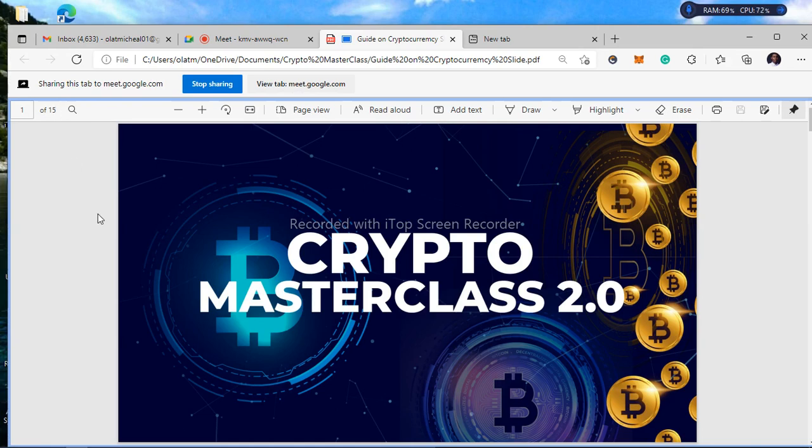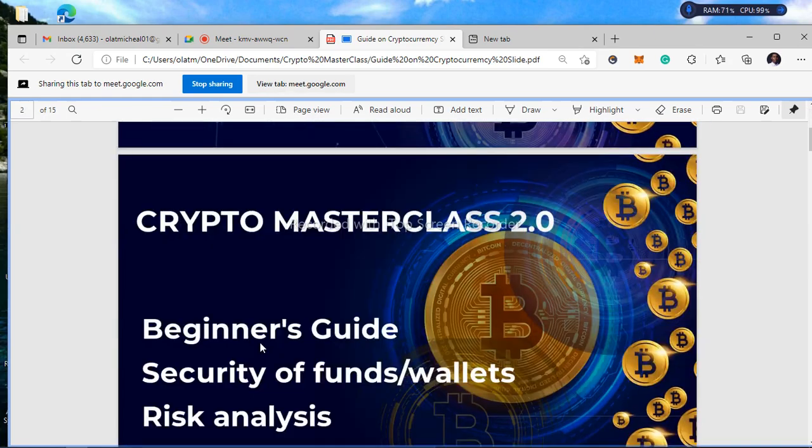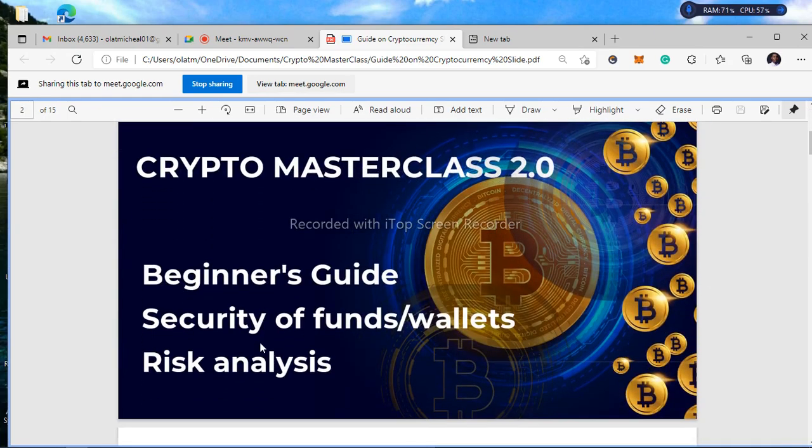So we'll be continuing the class with a beginner's guide, security of funds, wallet, and risk analysis. But for today, we'll be only saying beginner's guide because cryptocurrency is not something we can just cover in a few minutes. It's something that we keep learning about. We can't just say we want to learn everything under 30 minutes or under 1 hour. It's not possible.